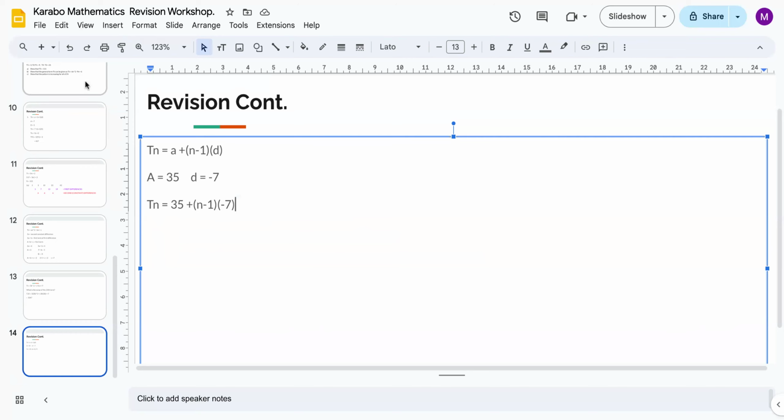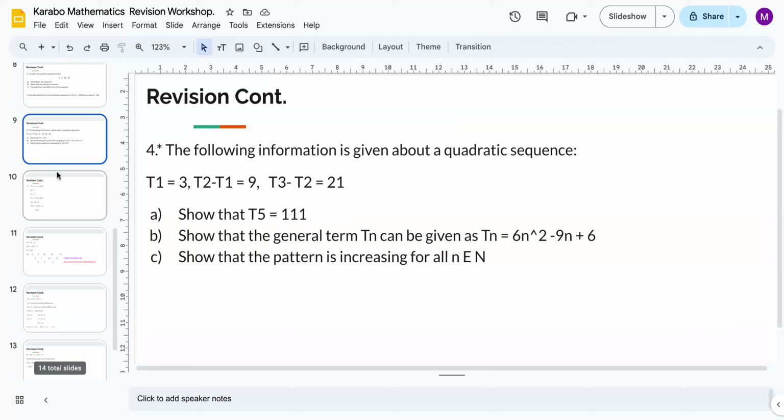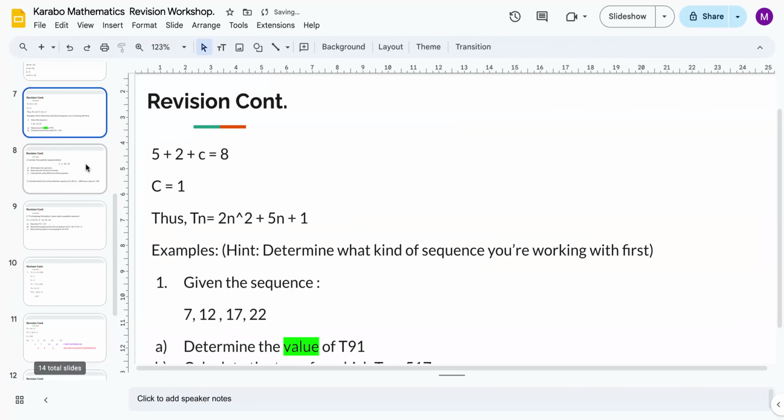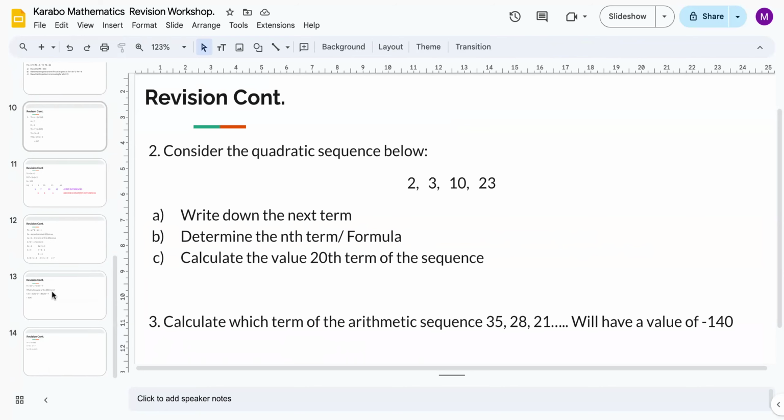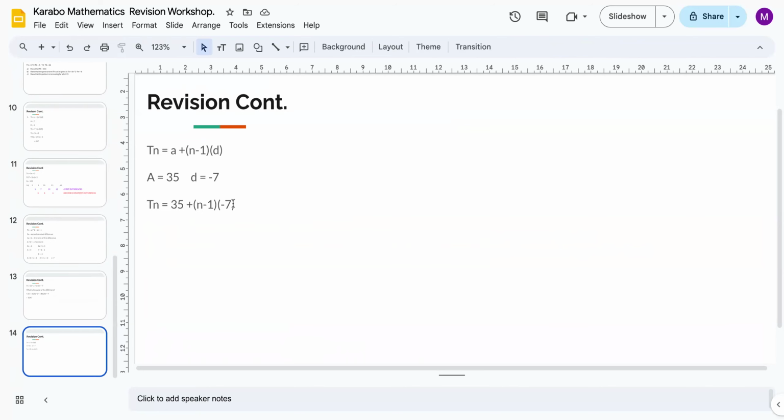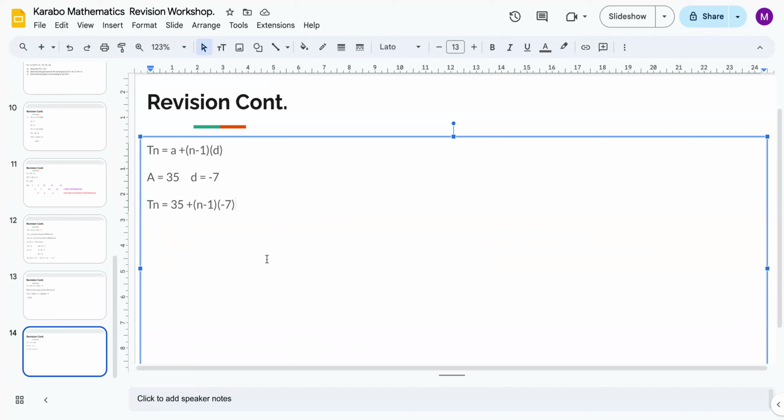Now, the question is asking us which term in the sequence that we've been given is going to give us a value of -140. All right. So the value Tn they've given us is -140, and we want to work out what our n will be. So which term has a value of -140?